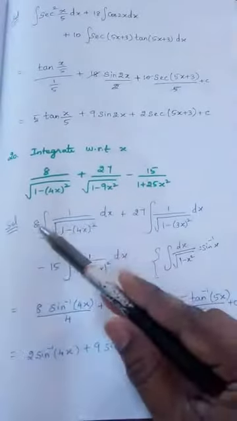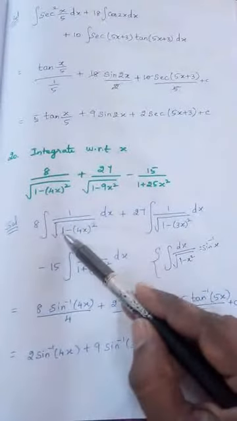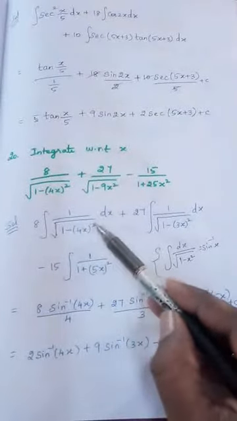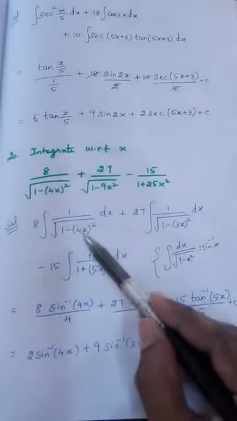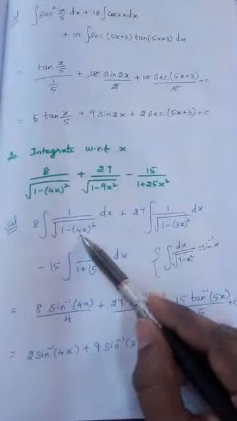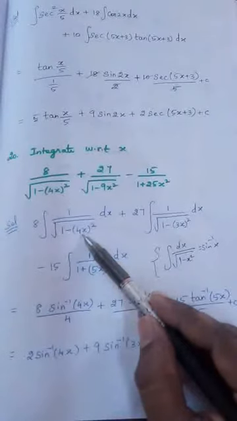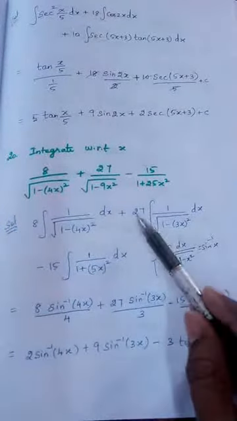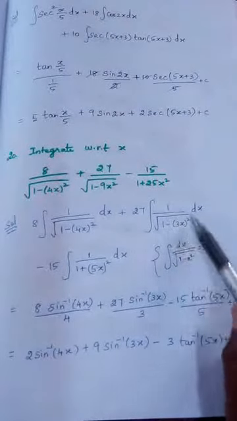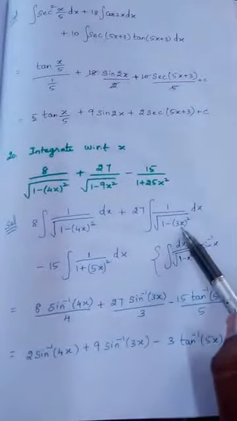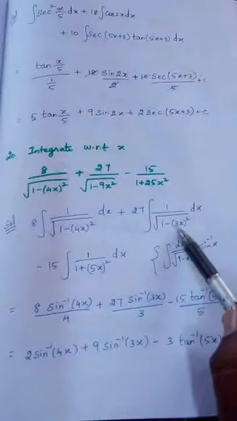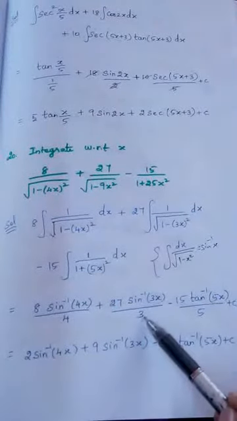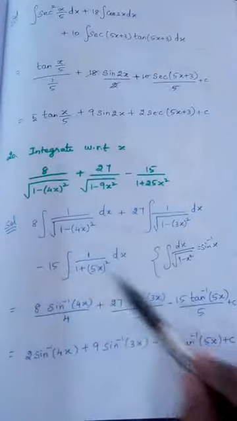So using that formula, 8 is written, 1 by root of 1 minus x square, formula is sin inverse x, but in place of x, 4x is present, so differentiating this, 4 will come, 4 should be written in the denominator, plus 27, formula is sin inverse x, so sin inverse 3x, in place differentiate this 3x once again, write that 3 in the denominator, minus 15.